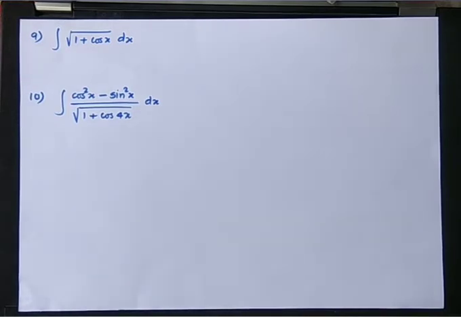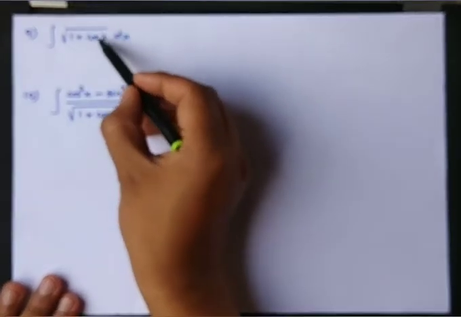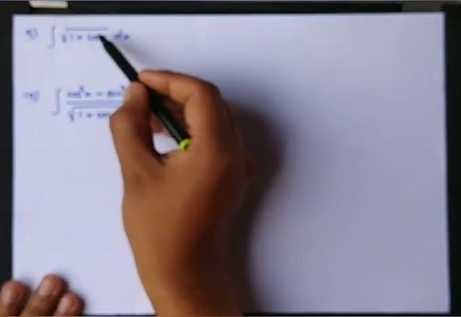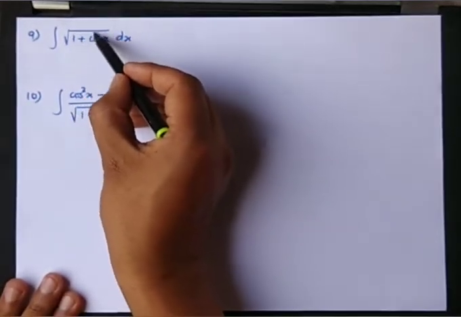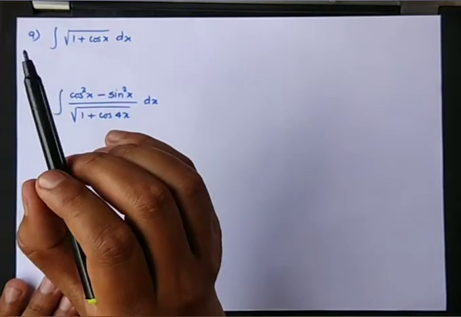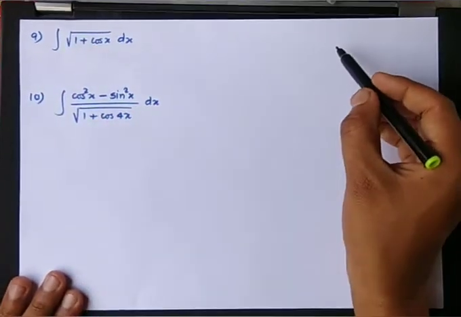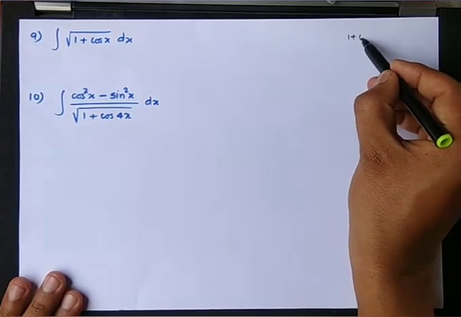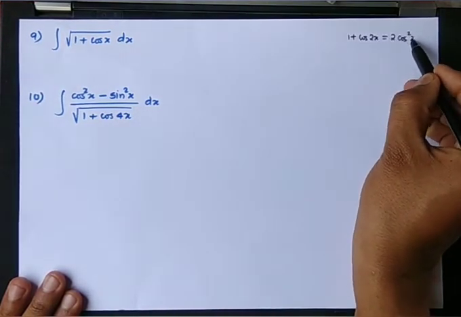Let's have a look at the 9th problem for the day. Earlier we saw a similar kind of question where instead of cos we had sine. Our way of solving that was to express this in terms of a perfect square. Same thing we are going to do here, but we'll make use of the formula 1 plus cos 2x equals 2 cos square x.